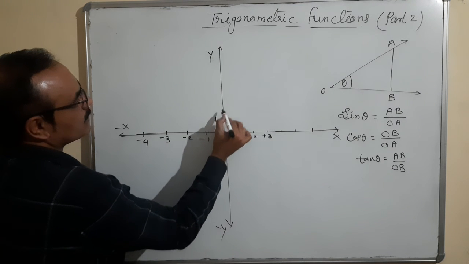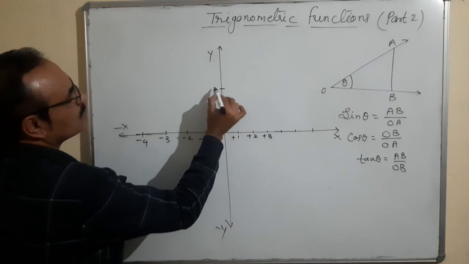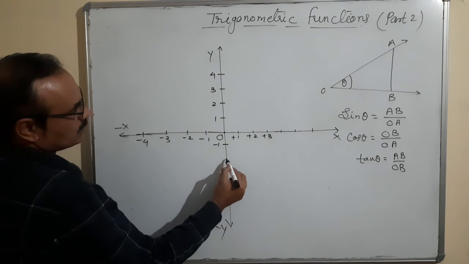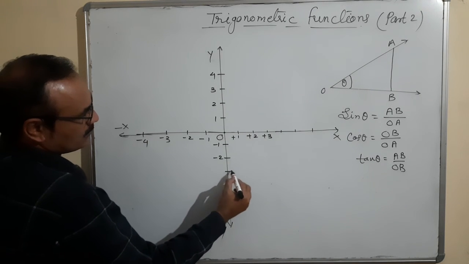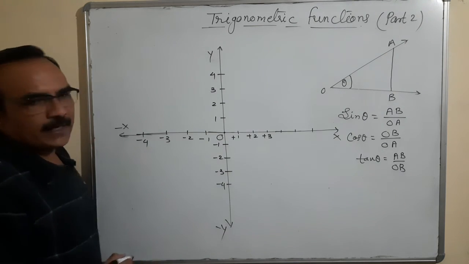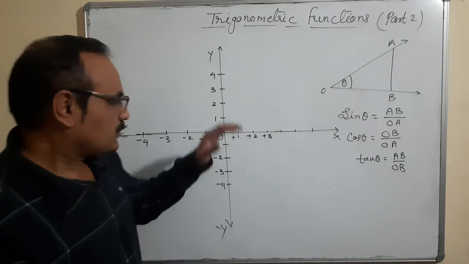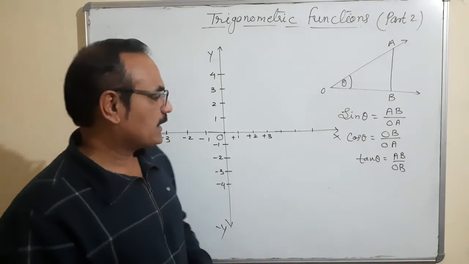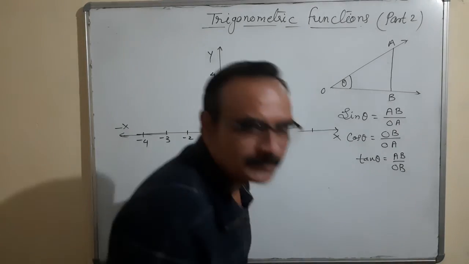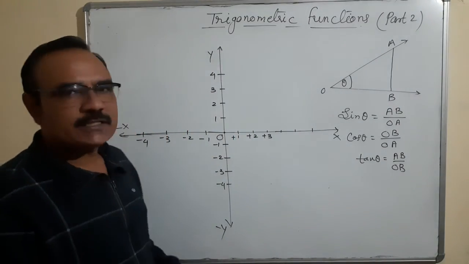Here positive 1, 2, 3, 4, and minus 1, minus 2, minus 3 and minus 4 and so on. This is a Cartesian plane, and on the plane this point O is the center point.